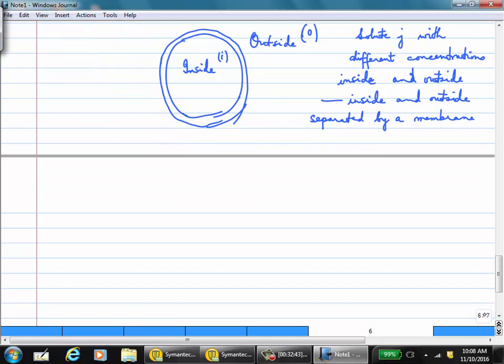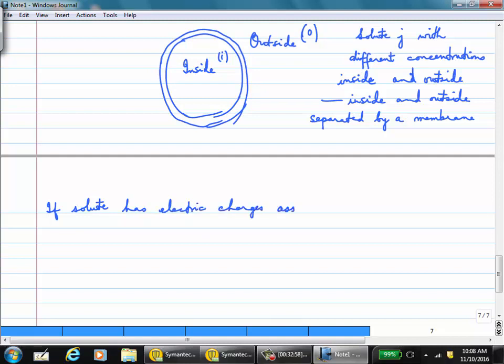Now, if the solute has electric charges associated with it, we need to consider what is called the electrochemical potential.